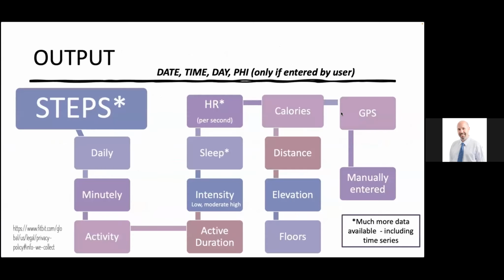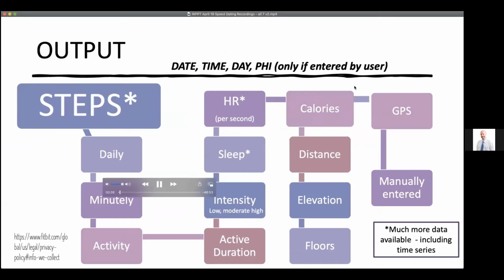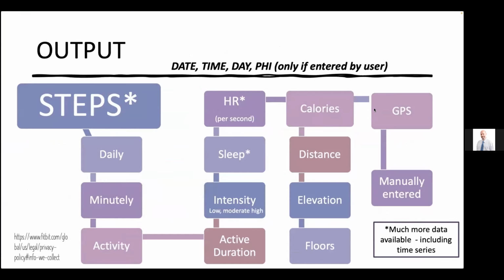The output from the Fitbit is generally thought of to be average daily step count, but you can get minute by minute data. You can also get what types of activity the person has done, the heart rate, sleep. Both of those have much more data available, including time series, which you can get online, and I'll go through that in a second.